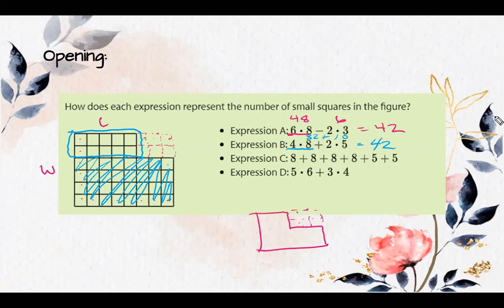All right, Iram, where do I get the expression 8 plus 8 plus 8 plus 8 plus 5 plus 5? Where do you see the number 8? Okay, so when you're going down on that side, you have to see 5, 8, and then on the bottom of where the fake one is, there's 5, 5, 5.